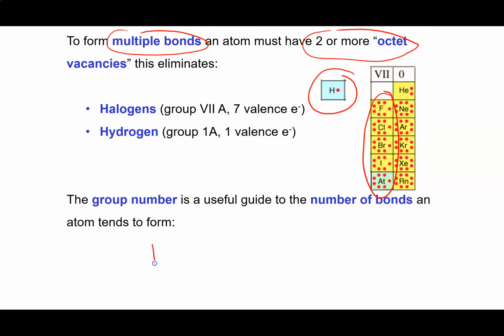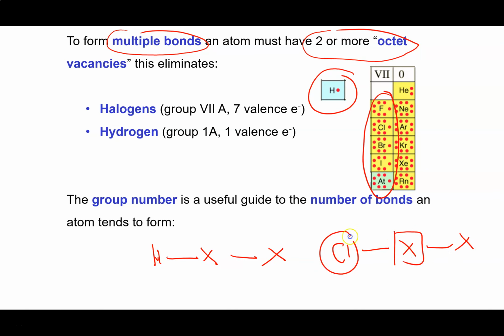We already mentioned that we're most commonly going to see hydrogen and the halogens at the end of a chain of atoms and not in the middle position, because they've only got that one octet vacancy.